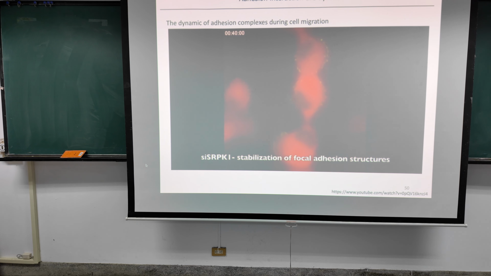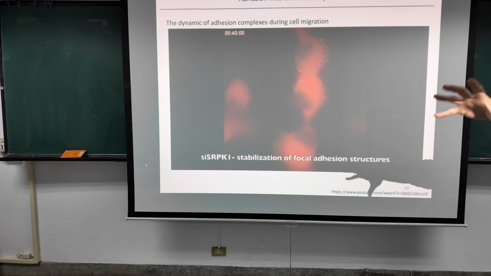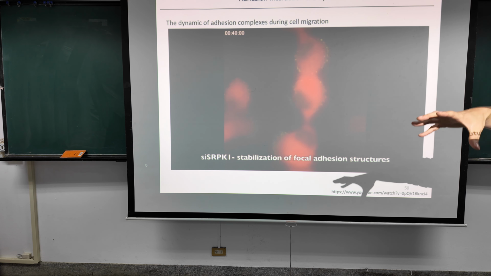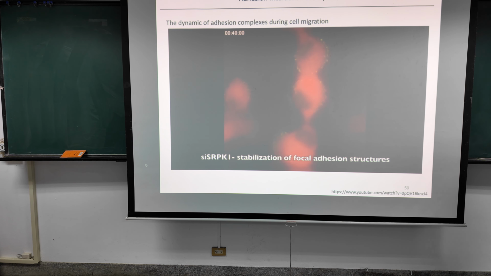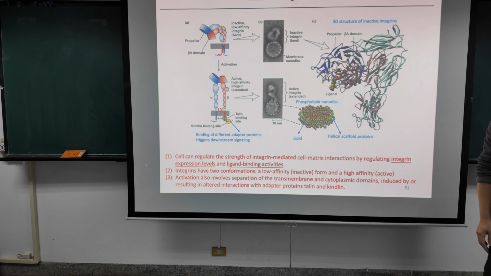So, as I mentioned before, the major component of the focal adhesion complex is integrin. So basically the cell will control the activity of the integrin to activate the new adhesion site and then inactivate the old adhesion site. So they need to activate the integrin where they try to form the new adhesion site, and then inactivate the integrin of the old adhesion site. So there are two mechanisms to control the integrin's activity.